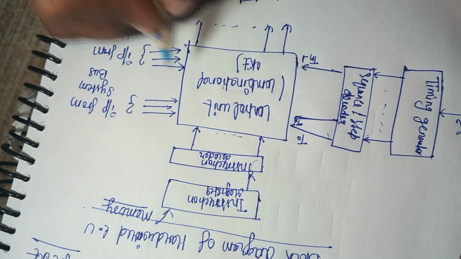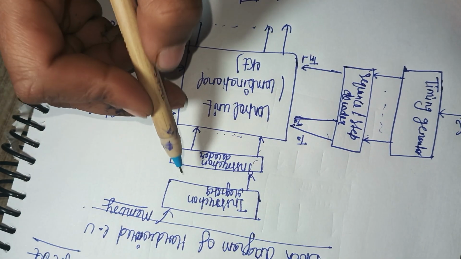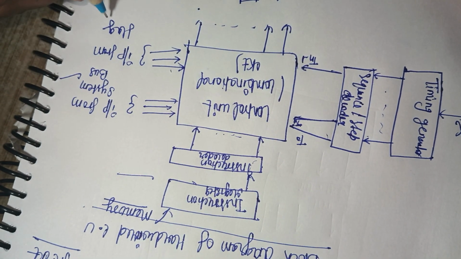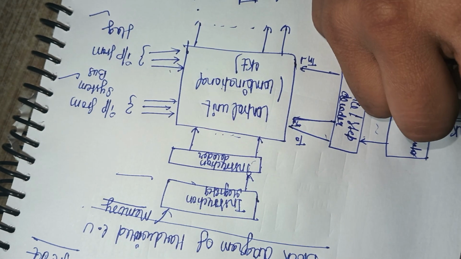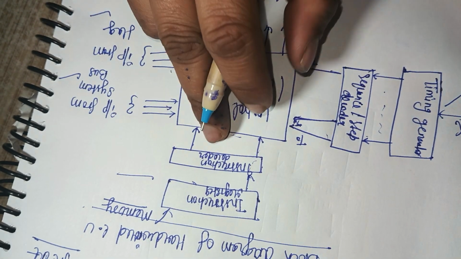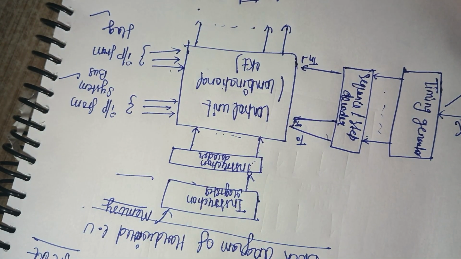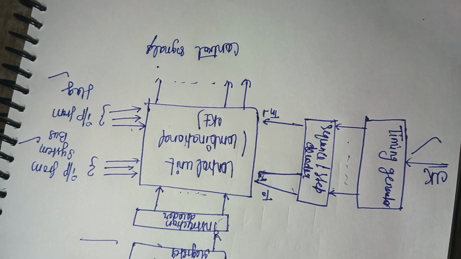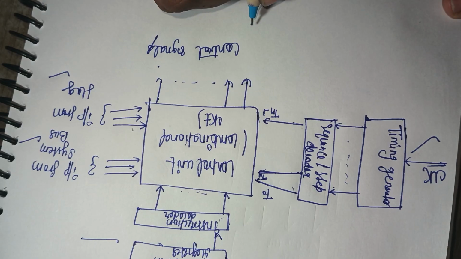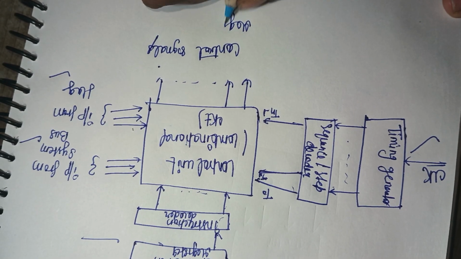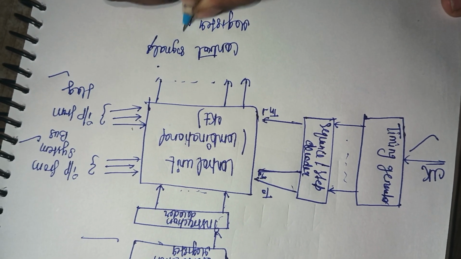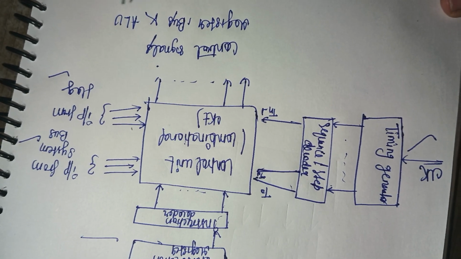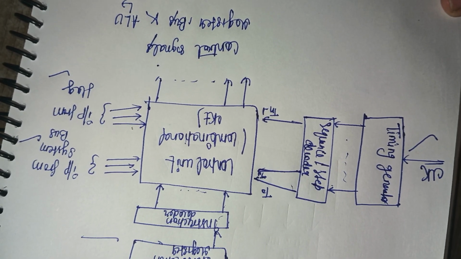All the set of four inputs, that is, the instruction register, the system bus, the flag, and the clock, are transformed into the set of control signals, which then go to the register, bus, and ALU, that is, the arithmetic logic unit.